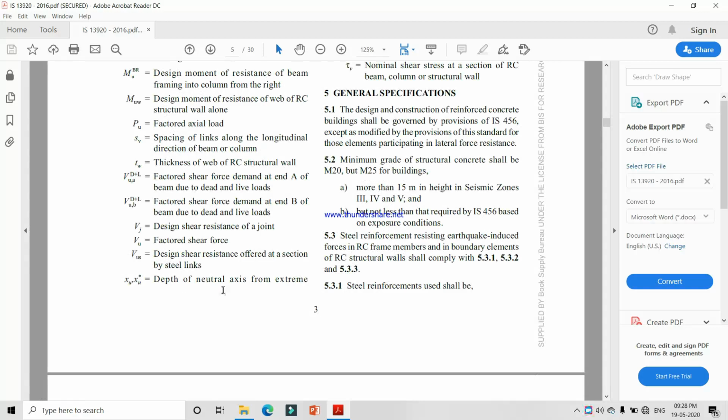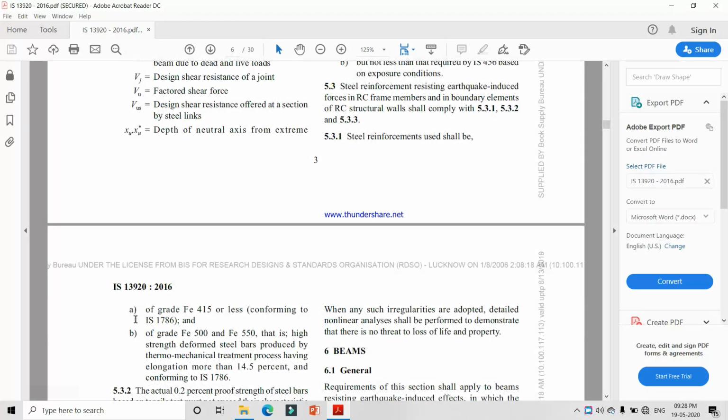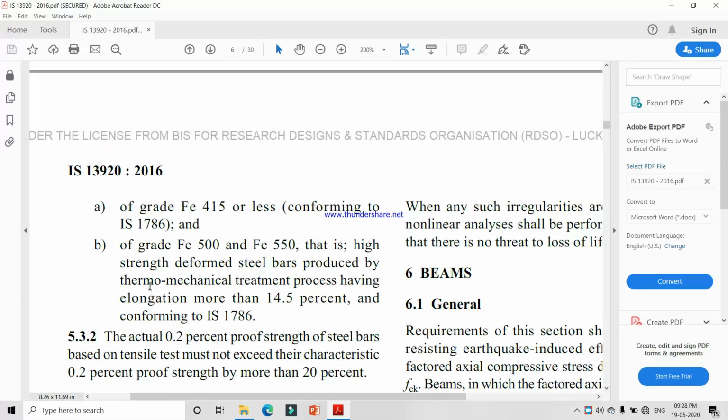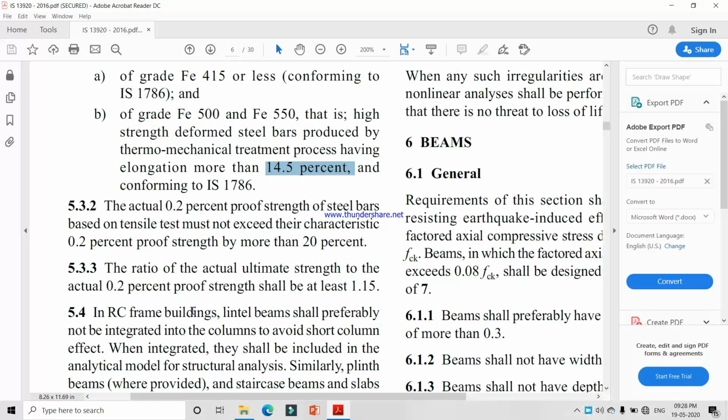This is already done. The next is the steel reinforcement criteria. Minimum Fe415 steel is used, or if you want to use Fe250, it must conform to IS 1786. For Fe500 and Fe550, the elongation is 14.5% and the bars must conform to IS 1786.